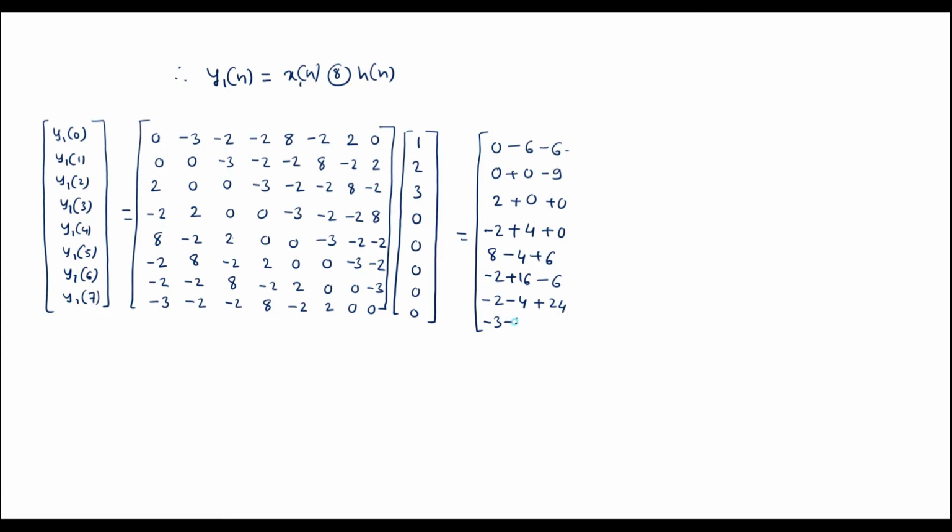This is minus 4 and this is minus 6. Rest all values are 0. Which is equal to, simplifying, I can write minus 6 is minus 12, minus 9, 2, 2, 10, 8, 18, minus 13.